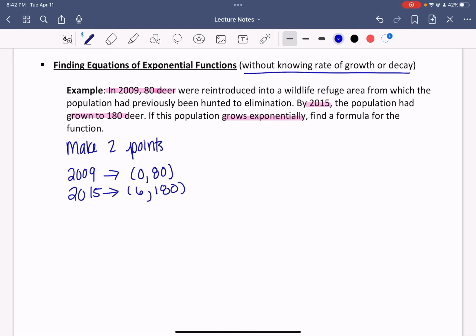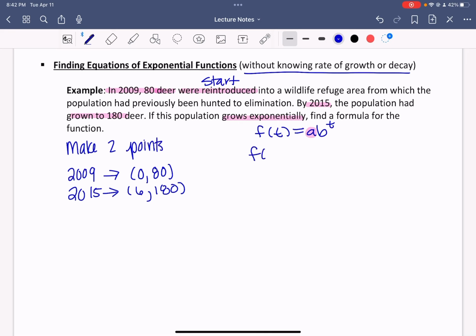Now we are using the formula just so we have it right here in front of us. F of t equal to A B to the t. And remember, this A right here is our initial or starting value. It says 80 deer were reintroduced. So this is our start right here.